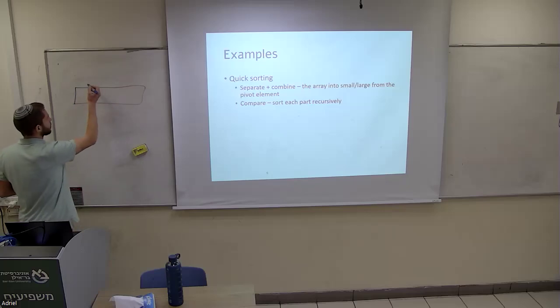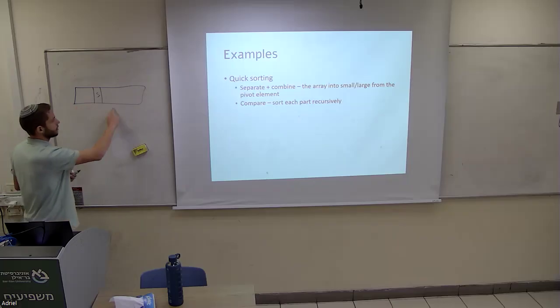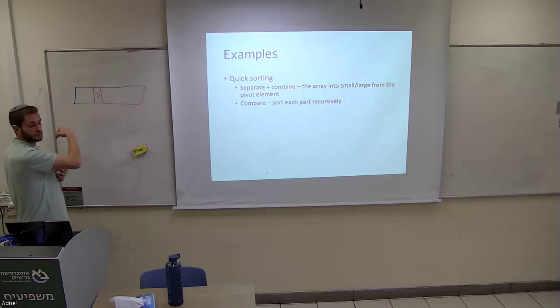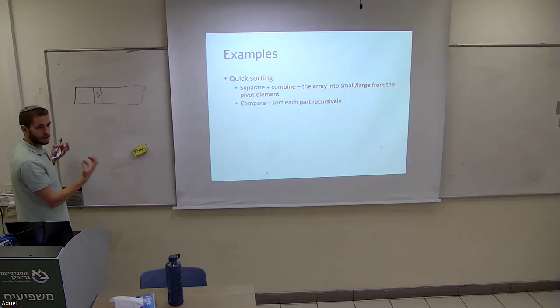You choose a random element, let's say 5, and you choose that as your pivot. What does that mean? You're going to go through all these elements and divide them into two groups. One is smaller than 5, the other is bigger than 5. Then you operate recursively on each of those halves to sort them.